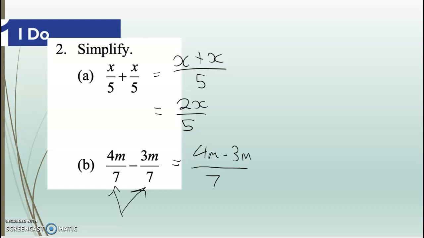Notice there that we don't actually change the denominator. It's like if we had 3 out of 6 slices of pizza, and we ended up eating 2, then we would only have 1 out of the 6 left. So the denominator does not change.